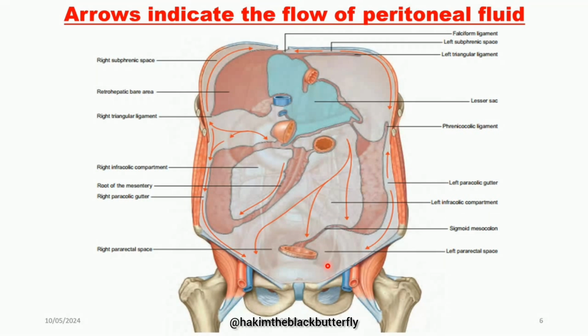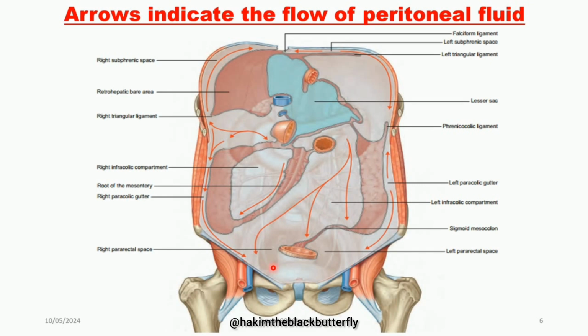So this picture is just to give you an understanding that the fluid that runs within the peritoneal cavity in the abdomen extends into the potential spaces within the pelvic cavity. And those potential spaces, we shall see them later.